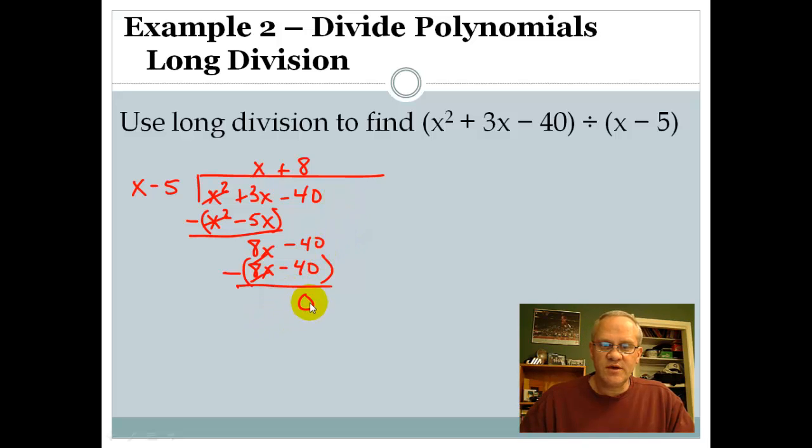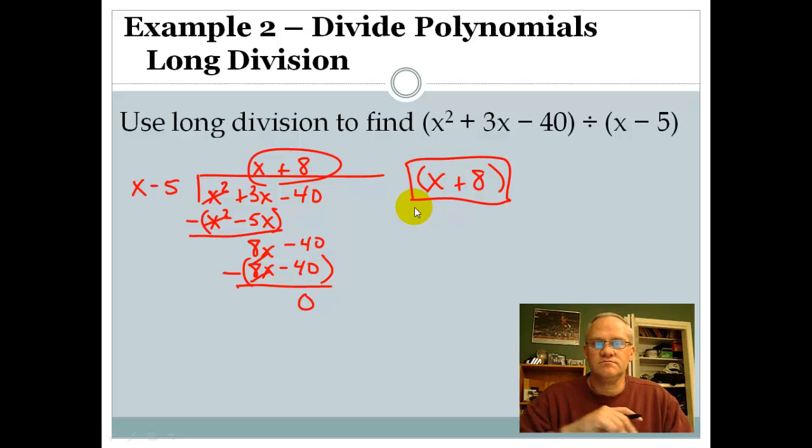So with no remainder, this worked out perfectly, so my answer is just what I get up here, x plus 8. Or in other words, since it works out perfectly, x plus 8 times x minus 5 would give me that trinomial there.